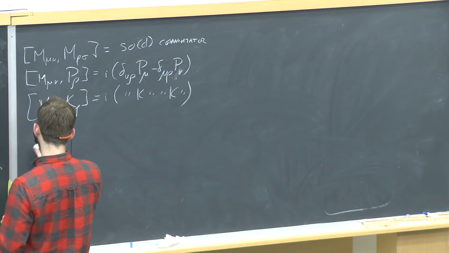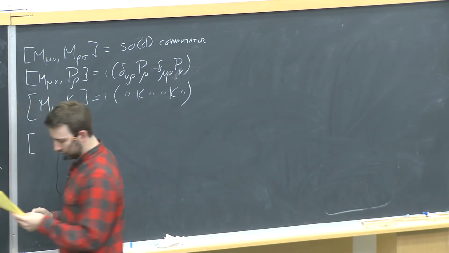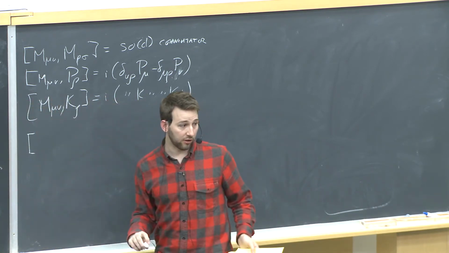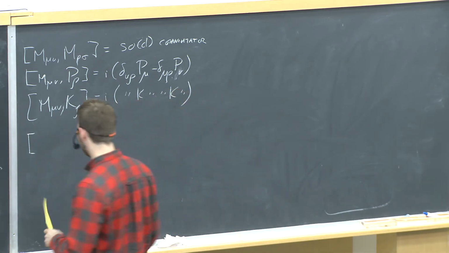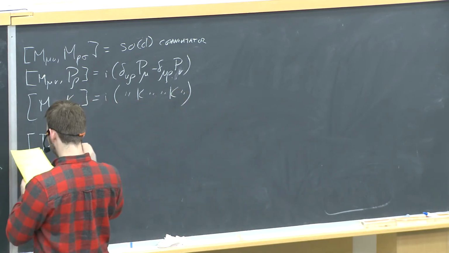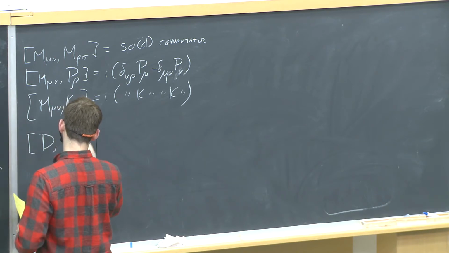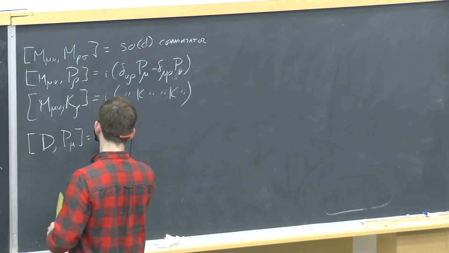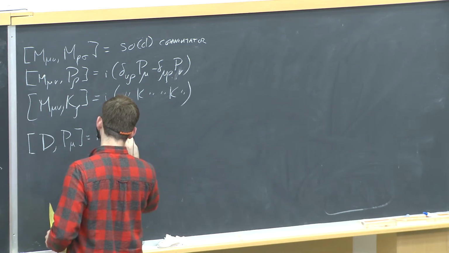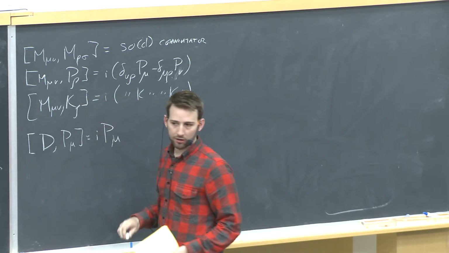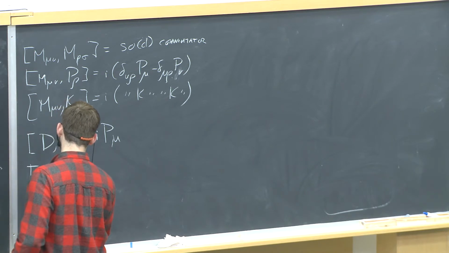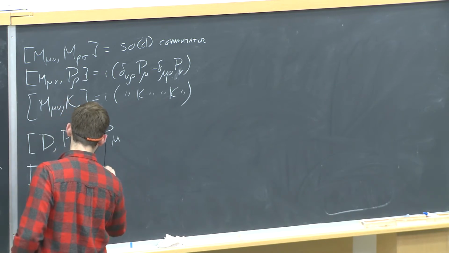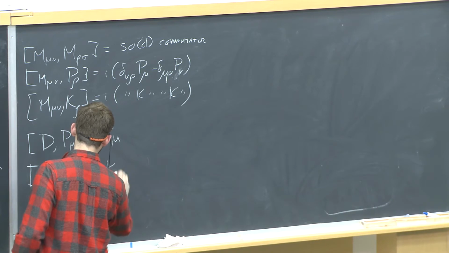The more important things, in the sense that these are not things that you would immediately know, at least you wouldn't know the right signs, and they end up being relevant down the line, is that the dilatation operator diagonalizes the momentum generator with a factor of plus i, and the special conformal generator with a factor of minus i.